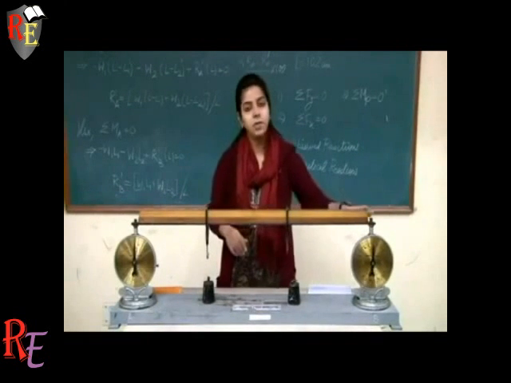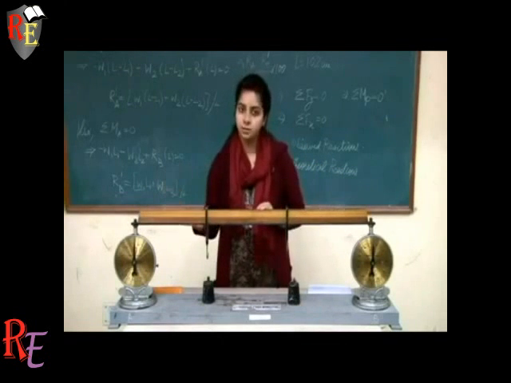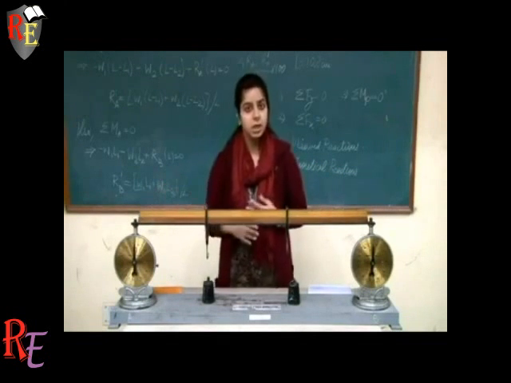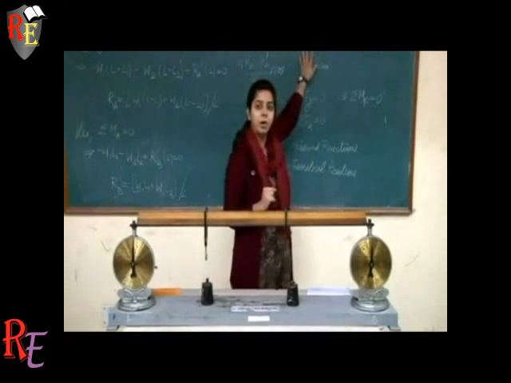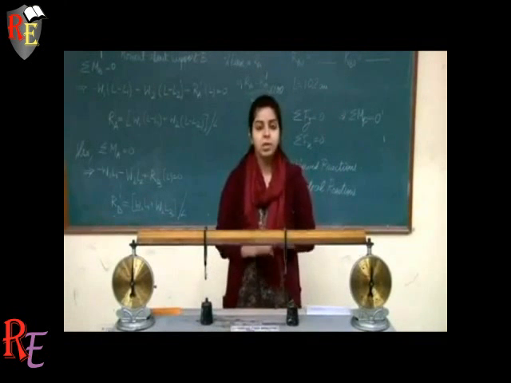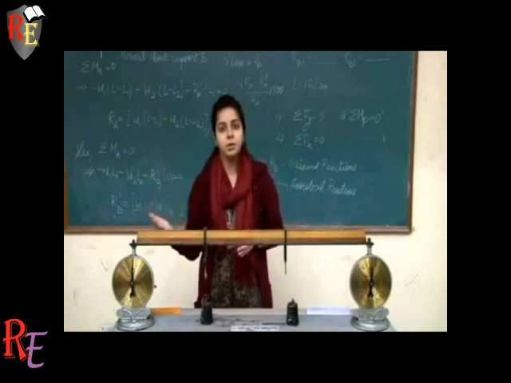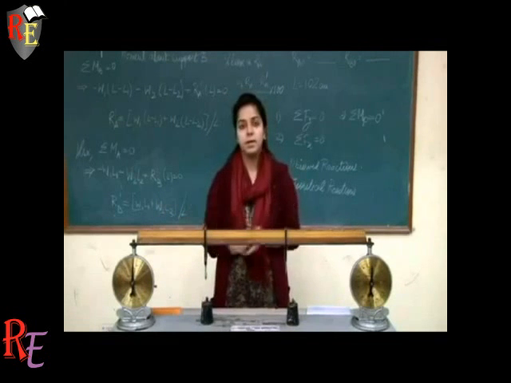Second, we have removed any zero error in these spring balances which can affect our further observations and readings. Third, we have made sure that our initial readings RAO and RBO of the spring balances are now 0. If not so, then during calculations these readings would have to be adjusted, and so we have only made one step easier for us.